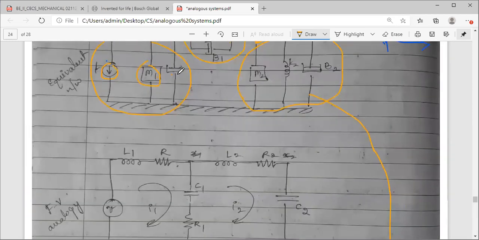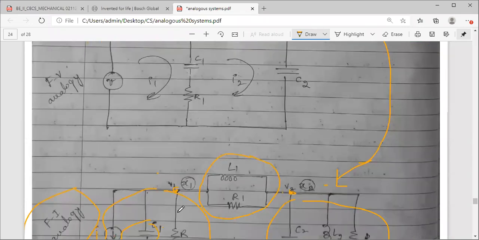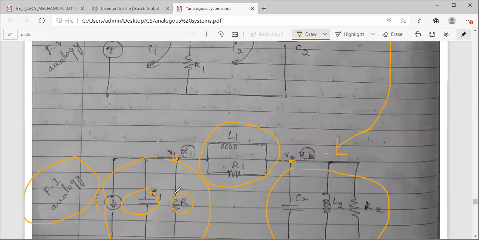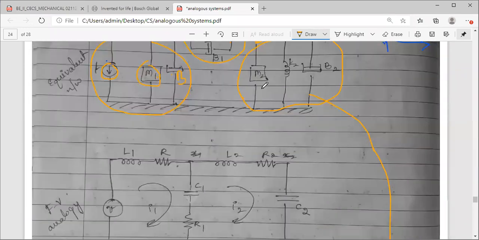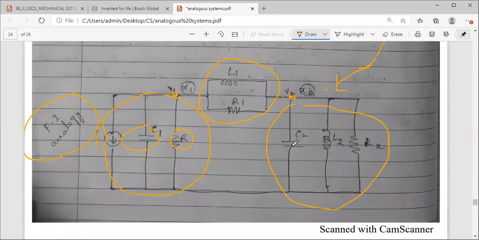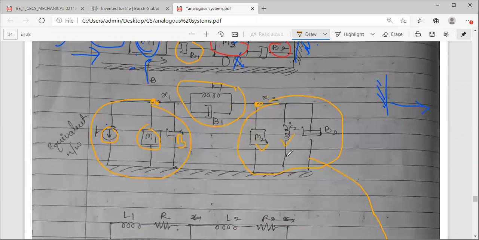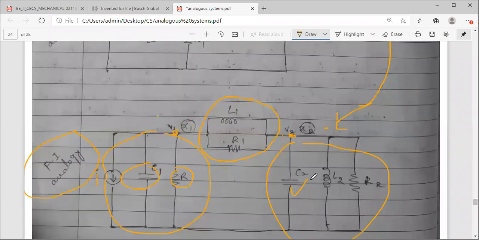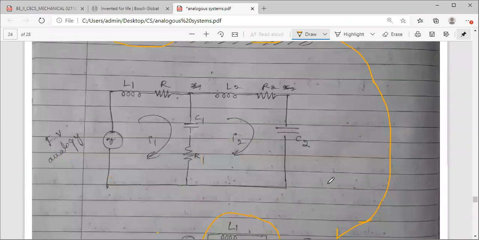Then a damper, say it is B. If it is B, you have to replace it with the equivalent resistance R. Then coming to the second node, you have M2, so you take capacitance. You have a spring stiffness, the reciprocal of inductance, you just check it out. I have written L2 here.